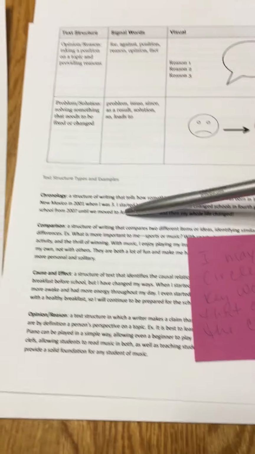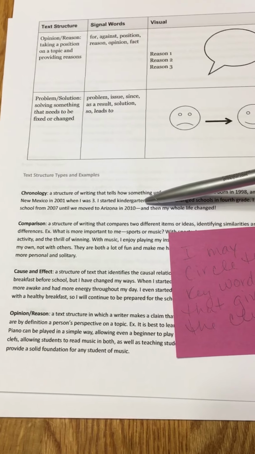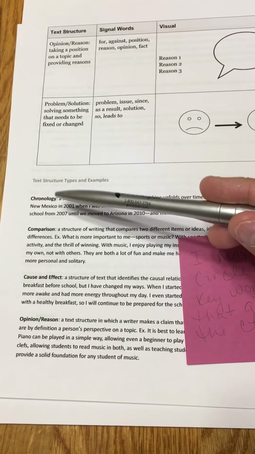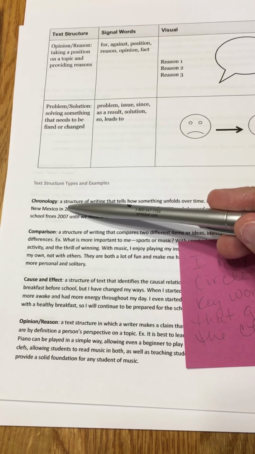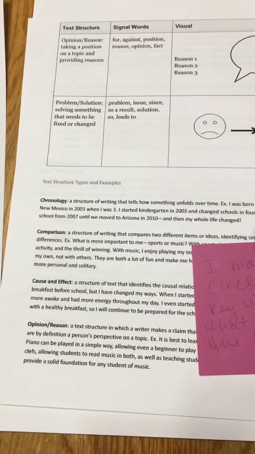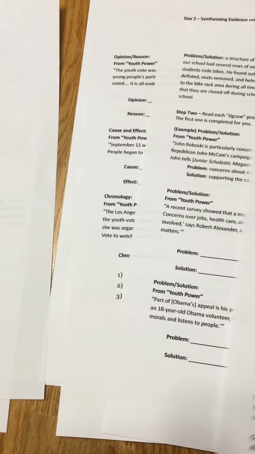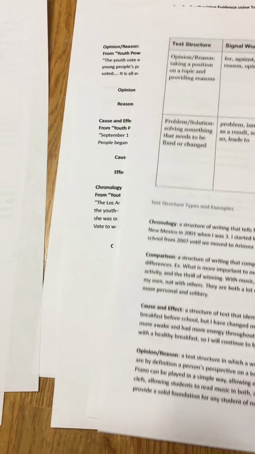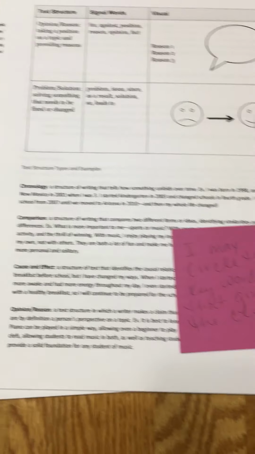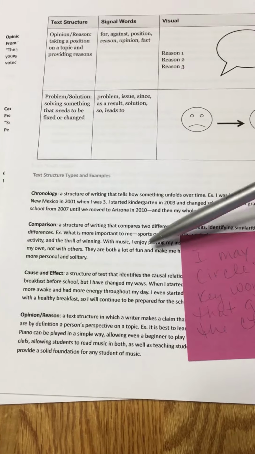Now, here it's giving you some examples of text structures. So it shows chronology or chronological order, and then comparison, cause and effect, opinion and reason, and then the next one is problem and solution. So what you do is you go through each one and read it, and it gives you an example.